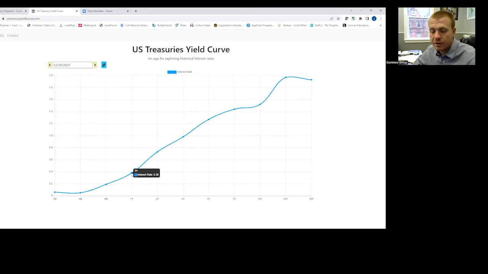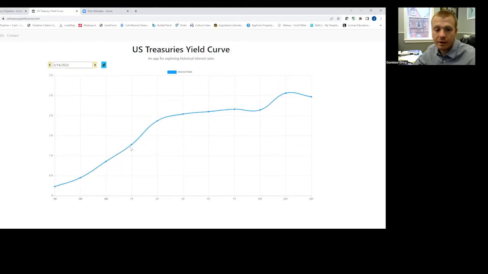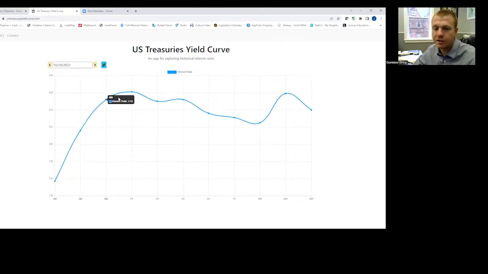So lenders have been reluctant to raise rates as quickly as this curve has gone up over the year. It just keeps climbing every couple months. But at this point, it's kind of gotten to the breaking point. So we're seeing a lot of capitulation by lenders where they have to raise rates, and we're seeing that in the market right now.